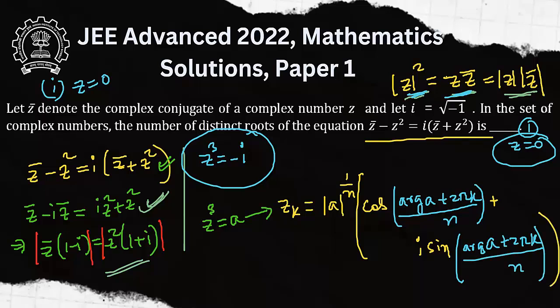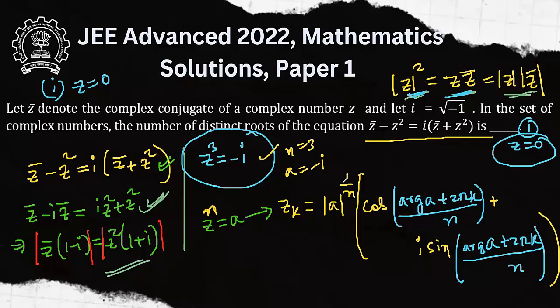This is in general the solution of an equation Z to the power n equal to A. Here n is equal to 3 and A is minus I.